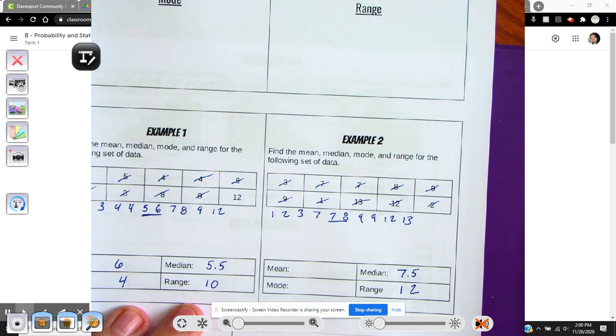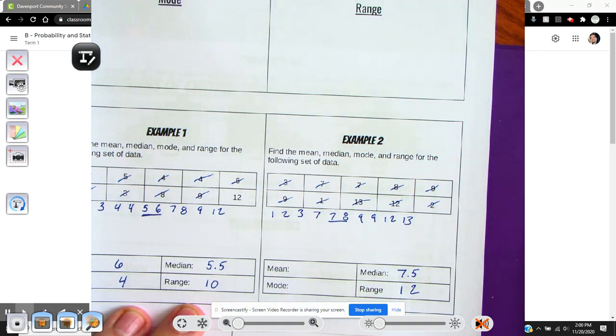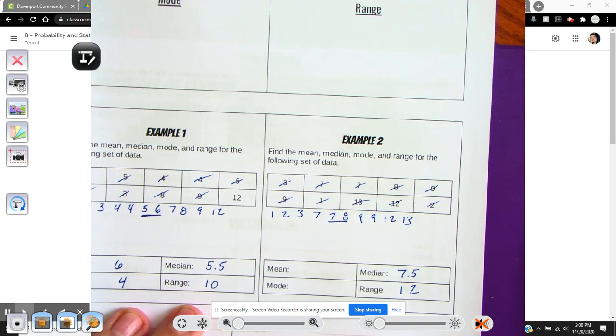Mode, the one that appears the most common. Now, this is where it gets a little bit trickier because we have two 7s and we have two 9s. So it could be a 7 or a 9, but we can only have one mode.